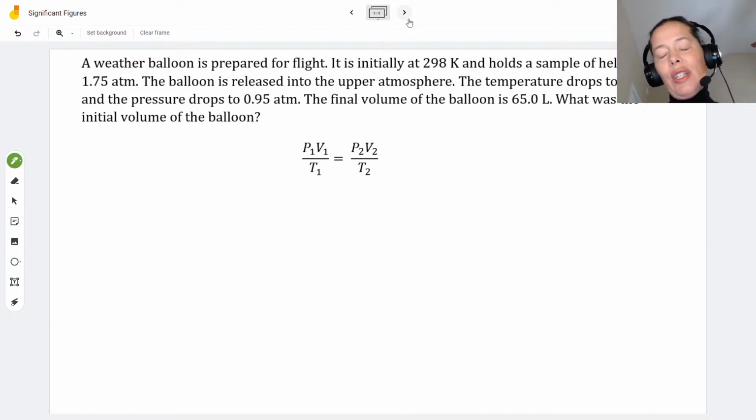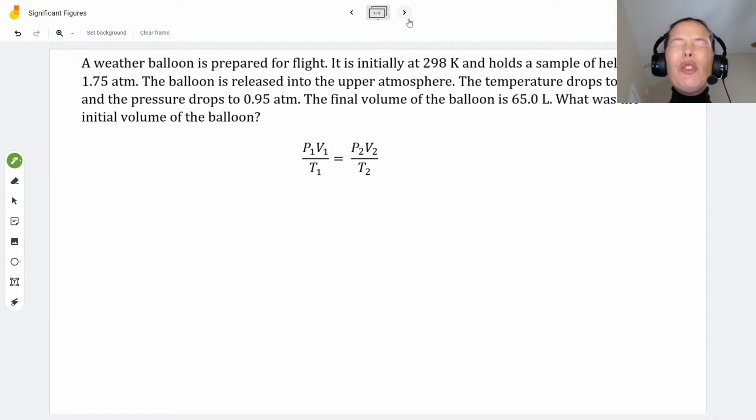So this is just a classic gas law question. We've got a weather balloon initially at 298 Kelvin with a sample of helium at 1.75 atmospheres. The balloon is released. The temperature drops down to 273. The pressure drops to 0.95. And we have a final volume of the balloon at 65 liters. We want to know the initial volume of the balloon.